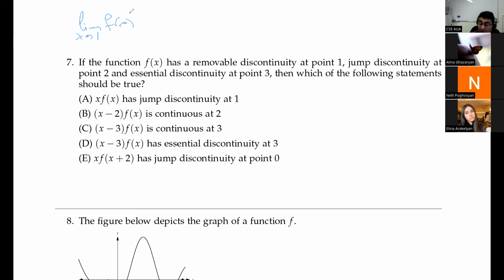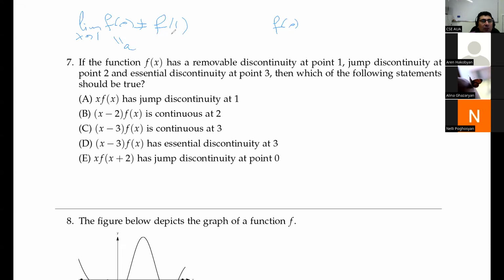So the limits from right and left are equal to each other, but different from the value at 1. Now, if we multiply f of x by x, let's say the limit is a, but the value is b, and a and b are different.